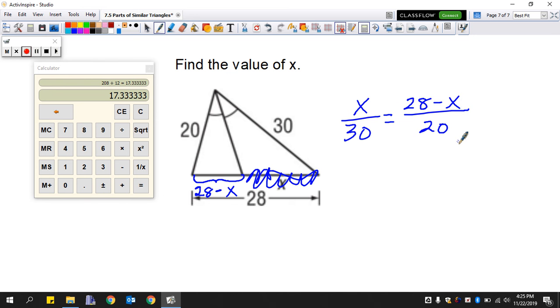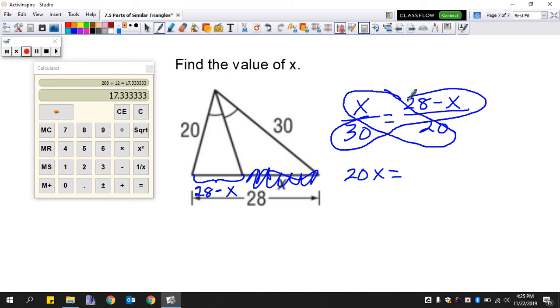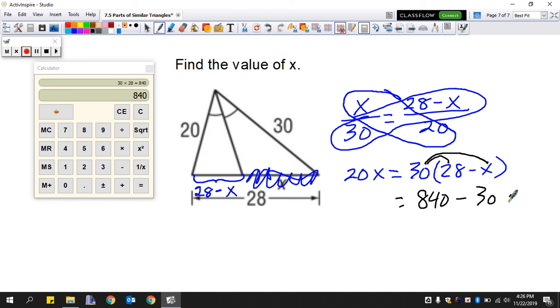So then we cross multiply. X times 20 is 20x, which is equal to 30 times 28 minus x. Then we have to distribute. So 30 times 28 is 840 minus 30 times x, which is 30x. And over here we still have 20x.